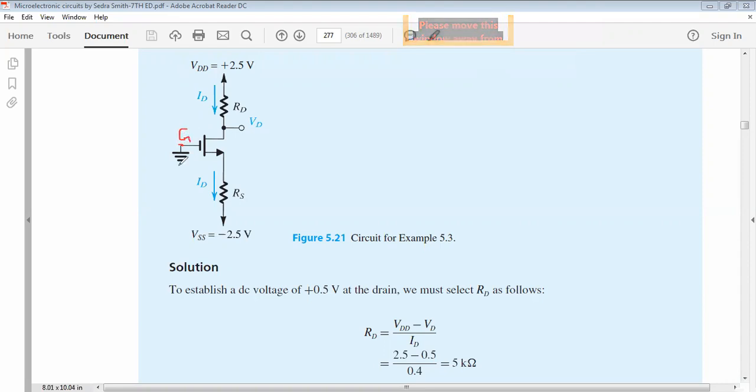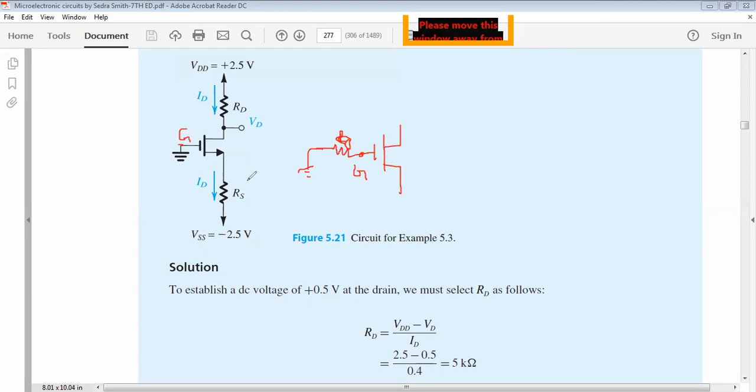Here in this case, the gate terminal is directly connected to ground. In some other cases, the gate terminal is indirectly connected to ground. Okay, this is the MOSFET transistor. This is the gate terminal. Observe both circuit diagrams.